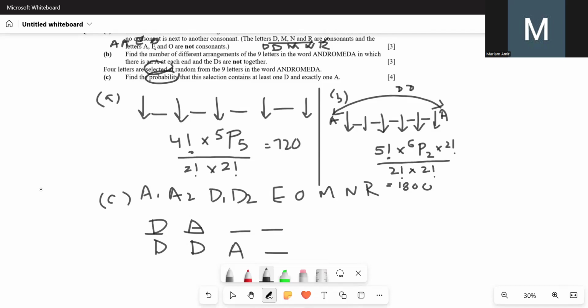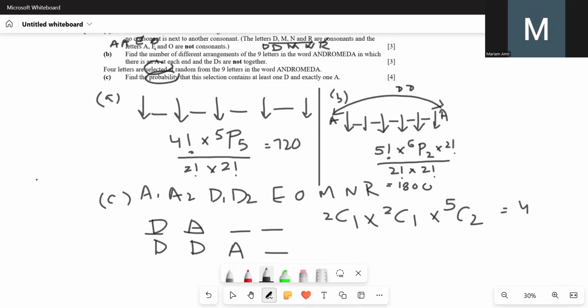Now let's find all the combinations for that. This D would be 2C1 because there are 2 Ds out of which one got selected. Then the A will also be 2C1 because there are 2 A's out of which one is selected. And for the remaining 2 slots, we'll have 5C2 because 2 of these 5 will get selected.